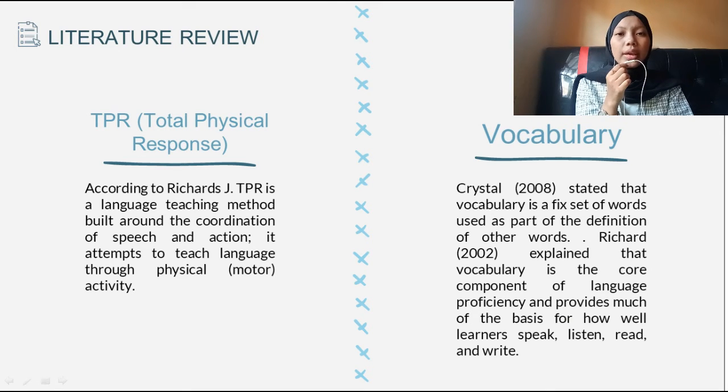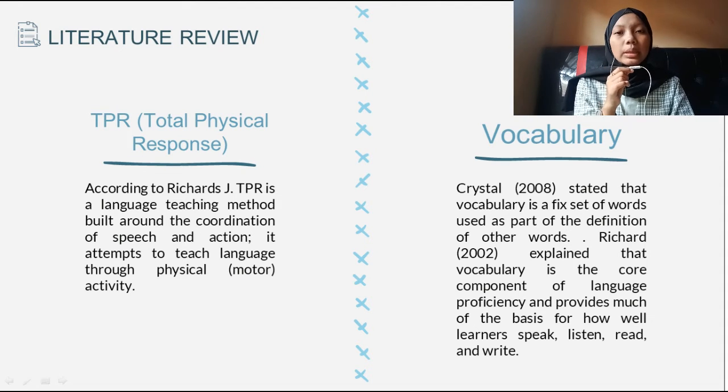So TPR is a learning method that is structured on the coordination of commands, speech, and motion. TPR itself was developed by Asher in 1988. He stated that TPR is based on the premise that the human brain has a biological program for acquiring any natural language in the world, by observing how children acquire their mother tongue.